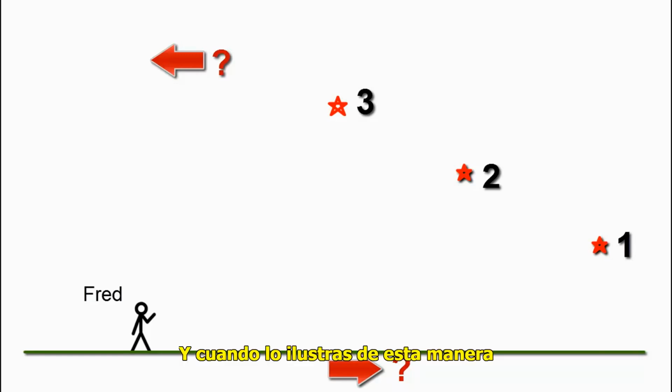And when you do illustrate it this way, from a 2D external frame of reference, not taking into account the depth of field or the apparent altitude or height with distance, then we can say that you're on a ball rolling past the stars as they come up over the horizon.